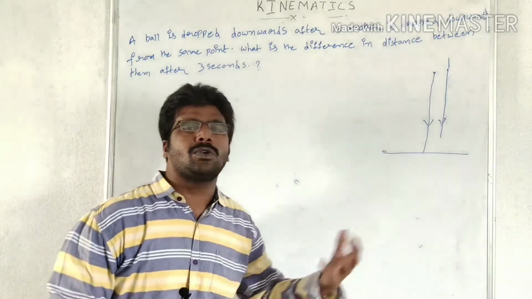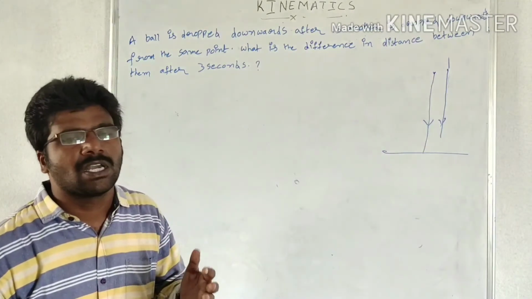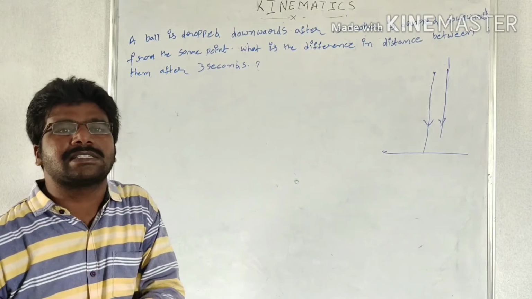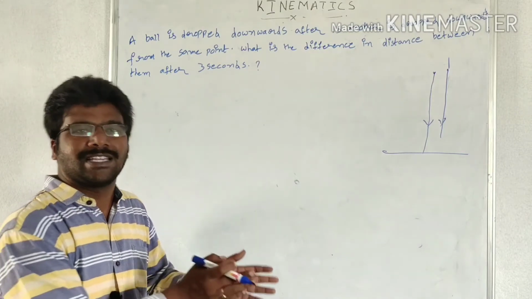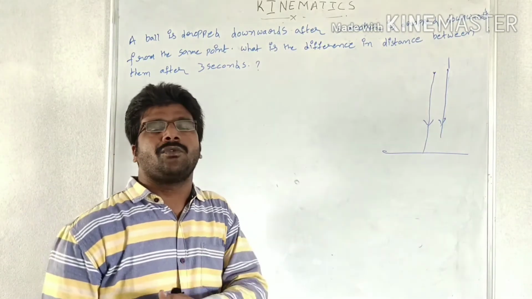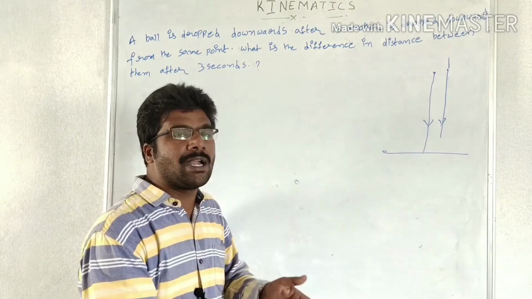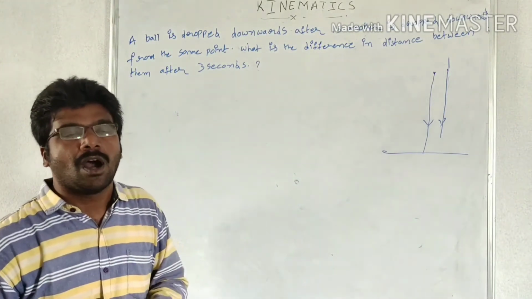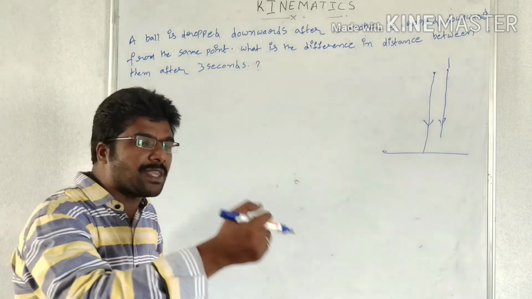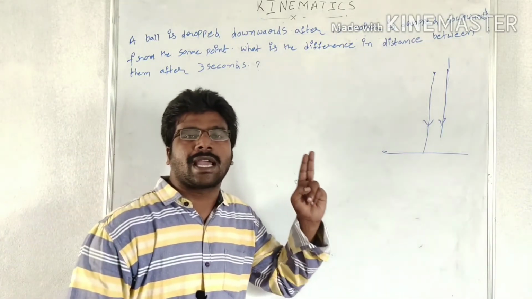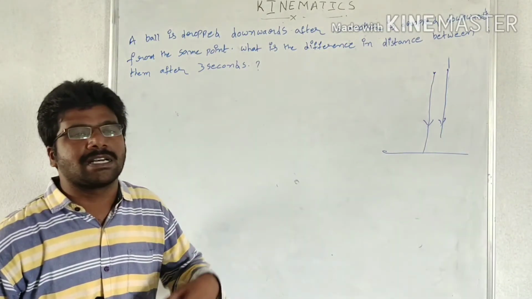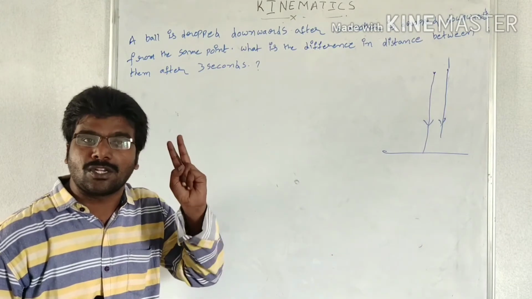First, we want to calculate the distance travelled by the first ball in 3 seconds. After that, we want to calculate the distance travelled by the second ball after 1 second release of the first ball. That means, we want to calculate the distance travelled by the second ball in 2 seconds only.